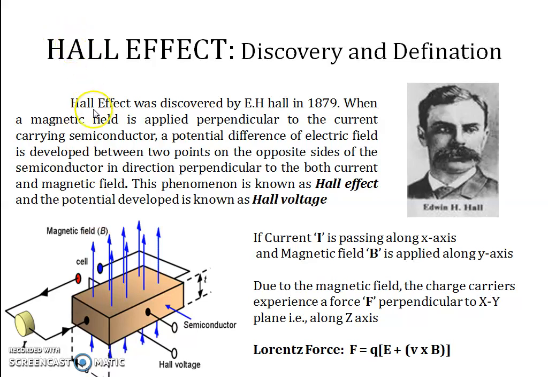This is called the Hall effect. The Hall effect was discovered by Edwin H. Hall in 1879. What it says is, if you have a semiconductor or a current carrying conductor, with current flowing in this direction, which is placed in a magnetic field exactly perpendicular to the applied field direction, then across the perpendicular surfaces, like this and this surface, a potential will develop.